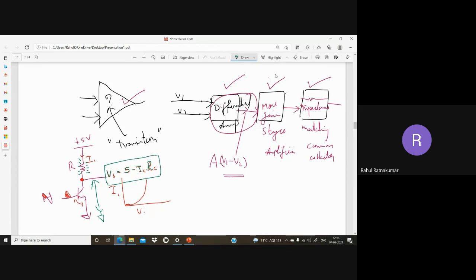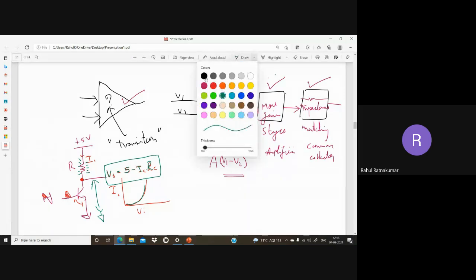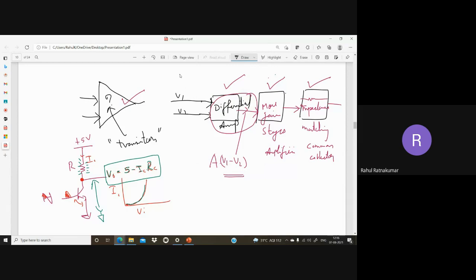Now what happens as the input is increasing? My IC is also increasing. So the drop across the resistance is increasing. When the drop across the resistance is increasing, your Vout is reducing, because it is 5 minus the drop IC RC.